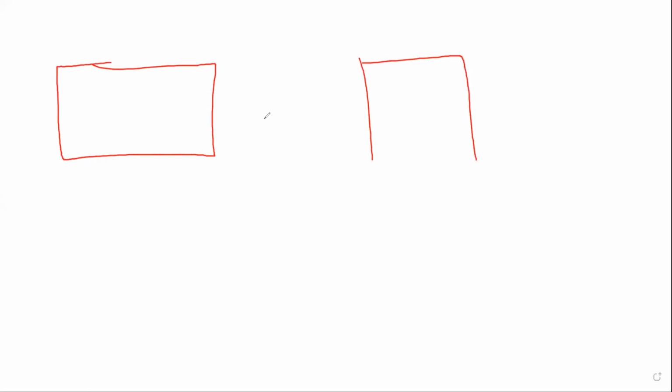Let's talk now about the rectangle and the square. Both of them have four right angles. But the square has four congruent sides.